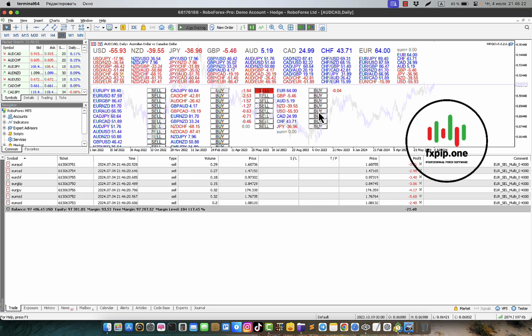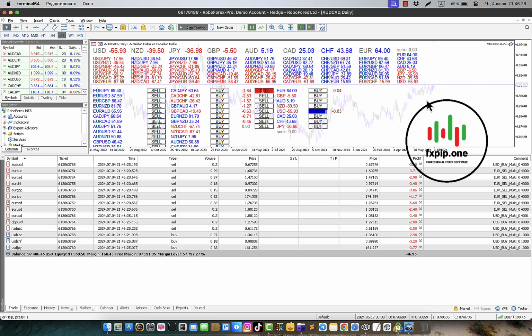Euro open multi-sell and USD open multi-buy. In this case, you will never receive duplicate sell and buy on one pair. You will never receive a lock on one pair if you trade two currencies against each other like this. Only in this case.